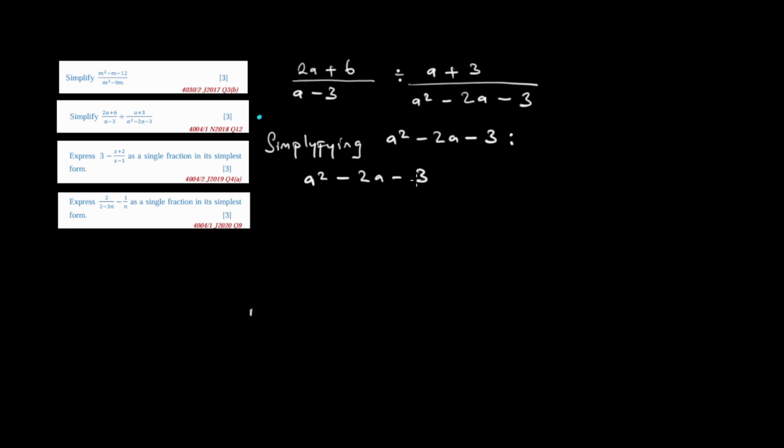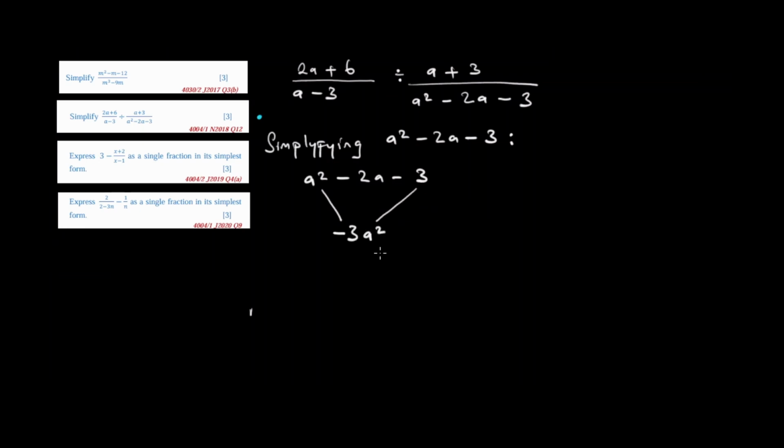Of which pakufactorize a squared minus 2a minus 3, since yakanyorwa in the correct format, we multiply the first and the last terms. A squared times minus 3 is minus 3a squared.